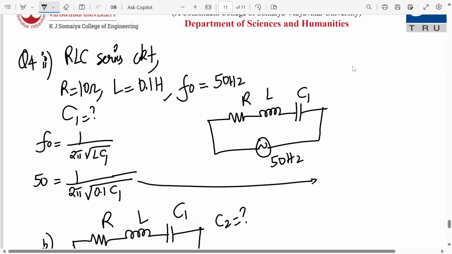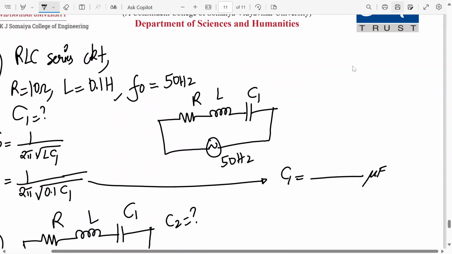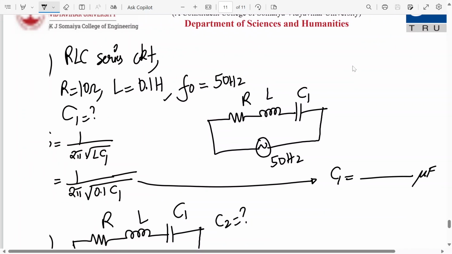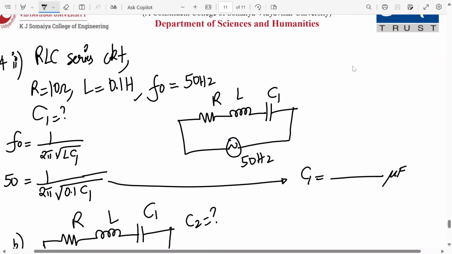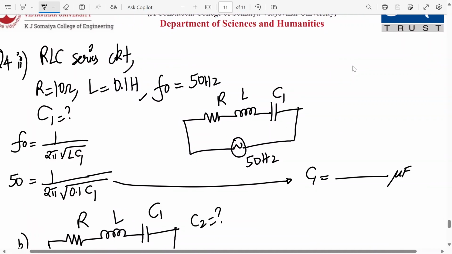So please solve for C1 and tell me the answer. It will be in microfarad. Tell me the answer quickly, in terms of 10 raised to minus 6.